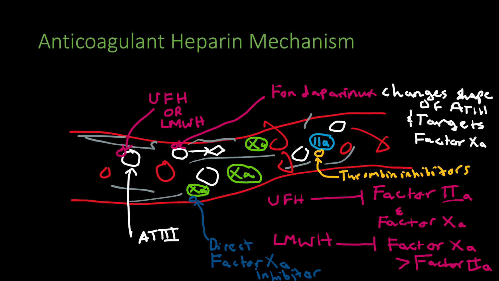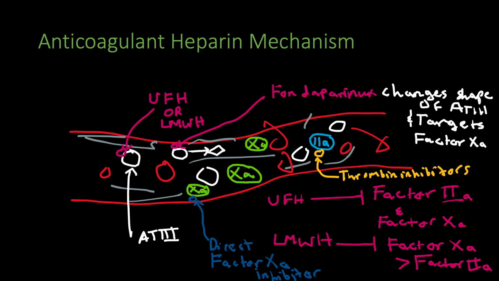And so you're going to see how it interacts with the 10A and the 2A clotting factors so that it can prevent that clot formation. So these forms of medications bind there, but a direct factor 10A inhibitor binds directly to the 10A factor. It doesn't have to go through the AT3 process. Same thing with fondaparinux.